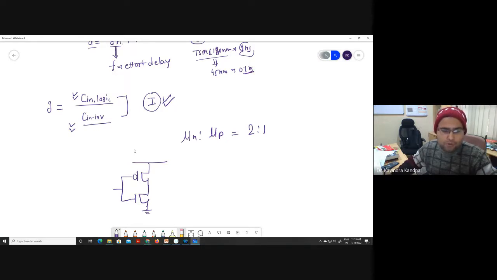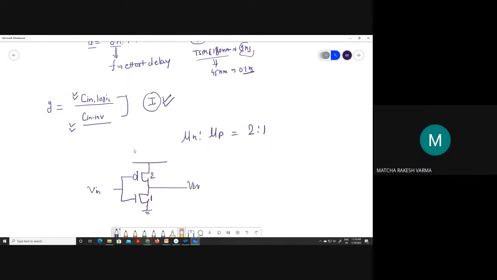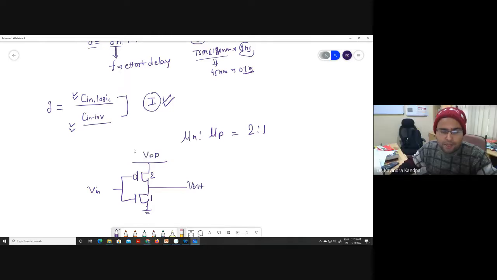So in order to have the same R values in the pull-up path as well as the pull-down path, you need to make sure that if NMOS has a W by L equal to 1, then PMOS should have a W by L equal to 2. This is the VDD.